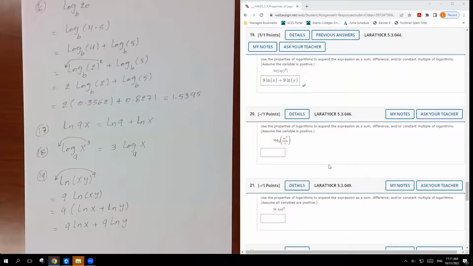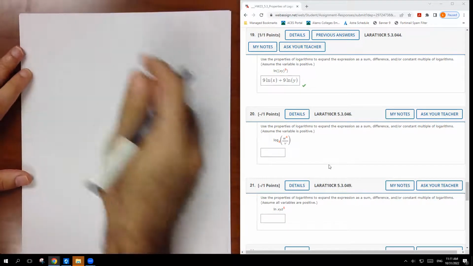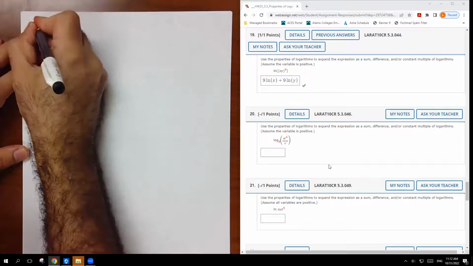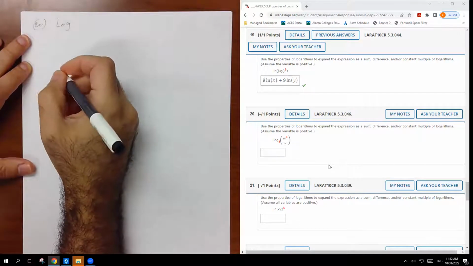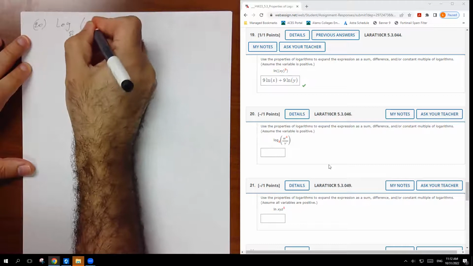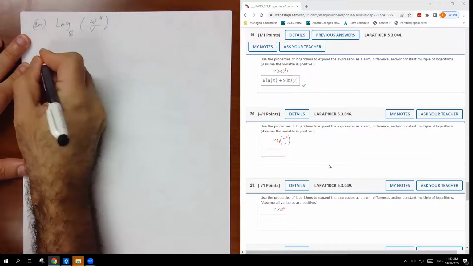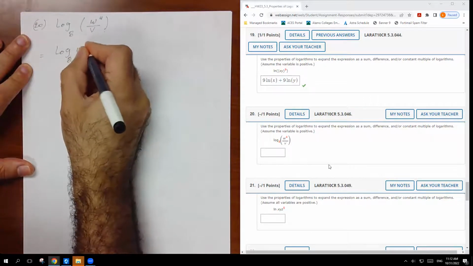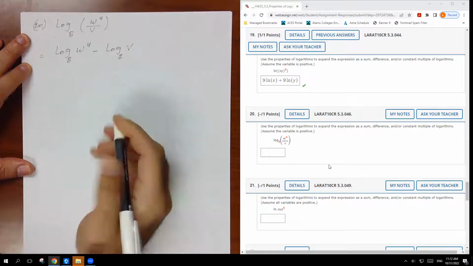We got it right. So now with example 20, we're going to do the same thing, but now we're going to use the quotient property. So for example 20, we have log to the base 8 of w to the power 4 over v. The first thing is to use the quotient property: log to the base 8 of w to the power 4 minus log to the base 8 of v. Then I have exponents here.